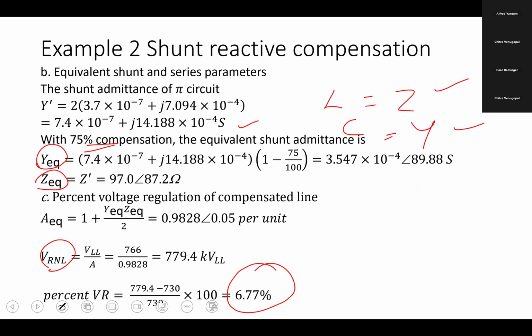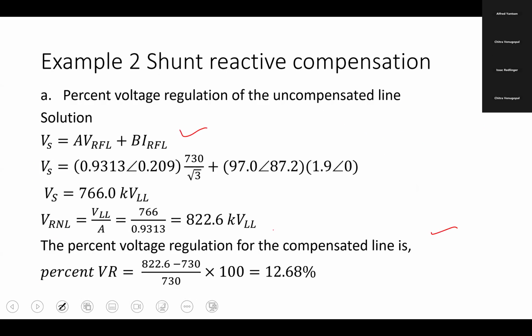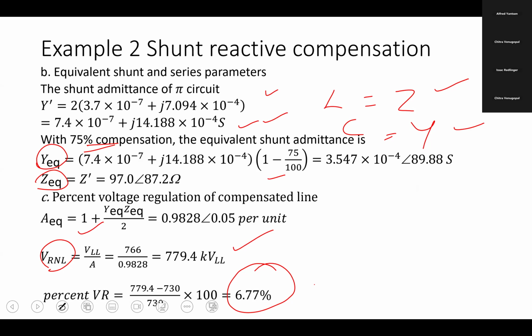You take the same Y and Z values, and since it's 75% compensation, multiply it by 75%. Then using this new Z and Y value, calculate the new compensated line. Earlier the voltage regulation was 12.69. After 75% compensation, you are reducing the voltage regulation to 6.77.